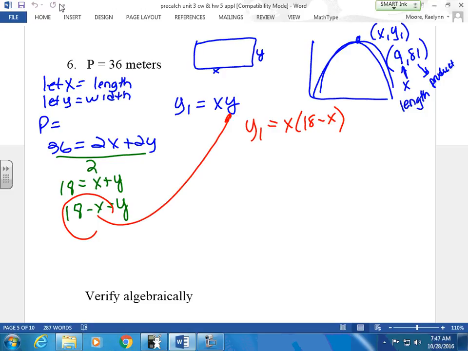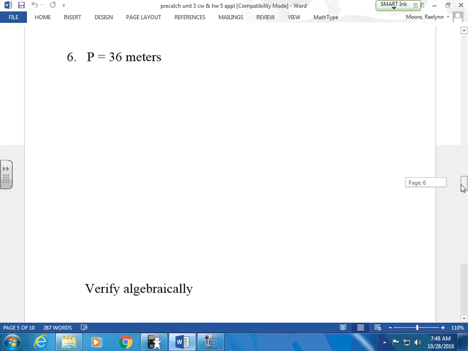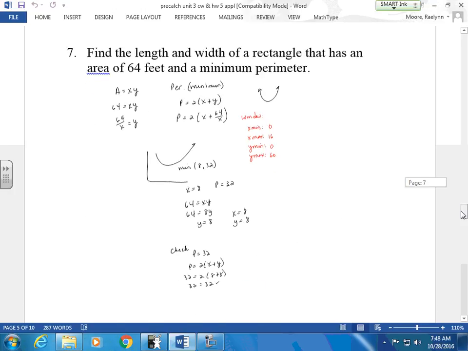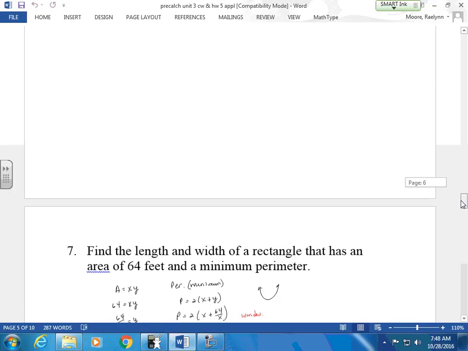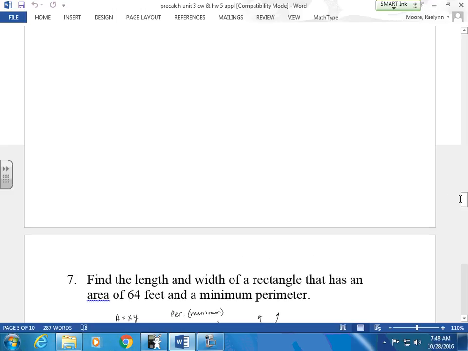Okay? Let's see if we can squeeze in number 7. Find the length and the width of a rectangle that has an area of 64 and a minimum perimeter.